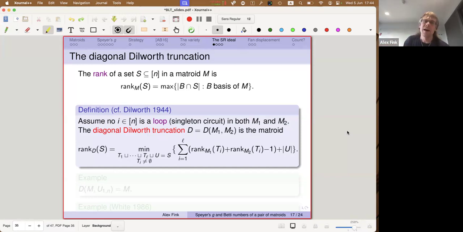So the definition I've given here is probably inscrutable. This is like Jack Edmonds style, what do they call it, beta zero functions and stuff.